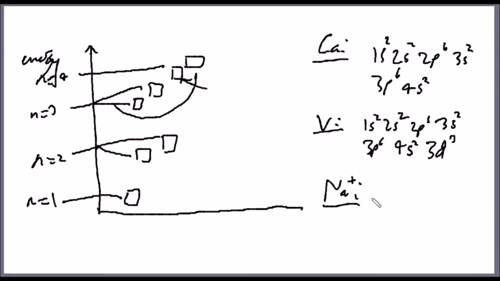Sodium plus has an equivalent electronic configuration to neon. As it's lost an electron, it's 1s2, 2s2, 2p6. Now, the first number in front of each of these refers to the principal quantum number, so n equals 1, n equals 2, etc. And the superscript numbers here refer to the number of electrons in the subshell.